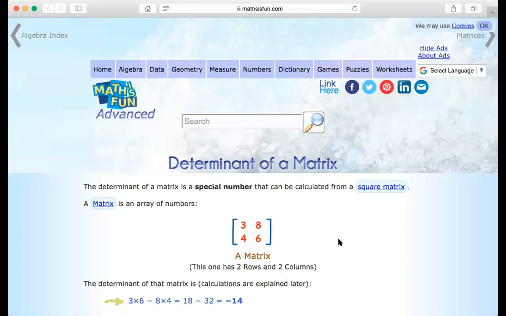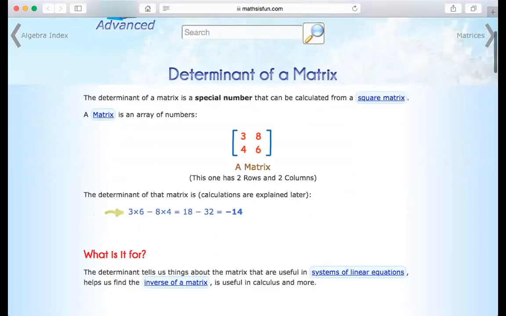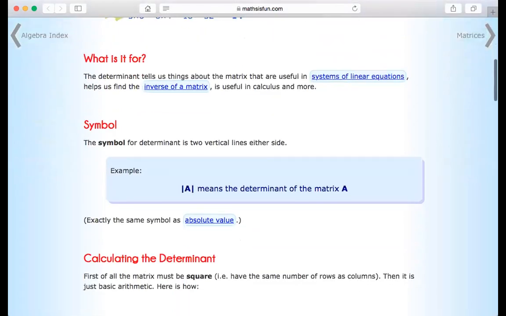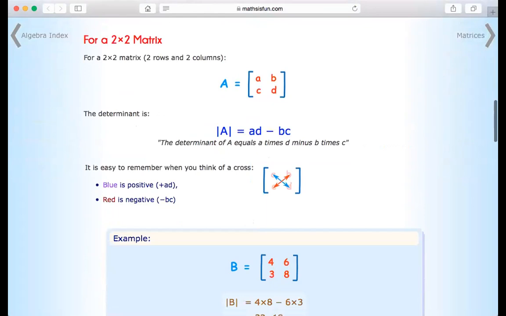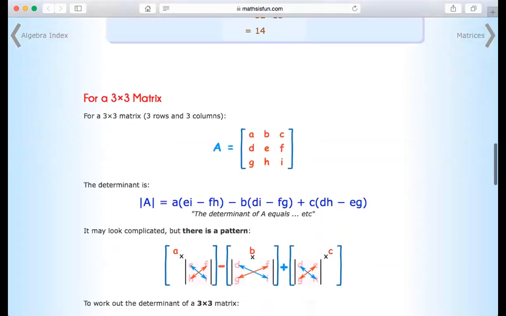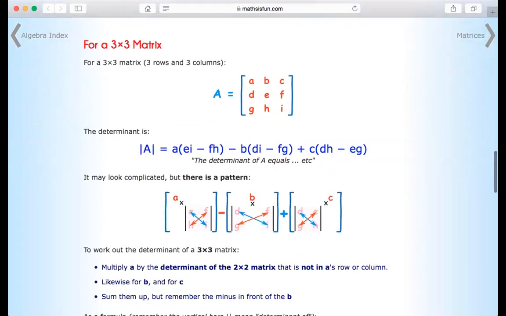So it directs you to the link where you are doing how to calculate the determinant of a matrix. Starting from 2x2, and then you can scroll down to where it talks about how to calculate a determinant of 3x3 matrix. So briefly, this is what you are going to do.